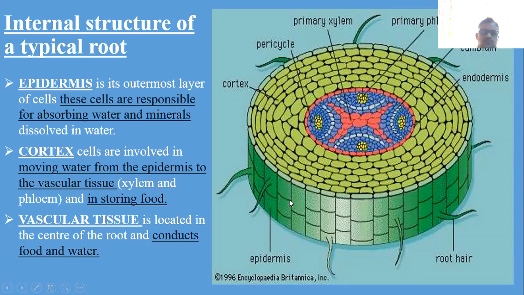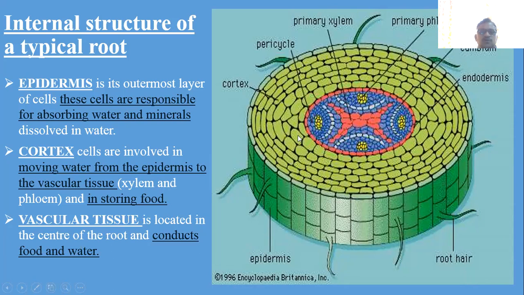Okay, so this is the structure of a typical root which we can observe in any type of root tissues. Here are the root hairs, and we have taken a section of the typical root, in which these are the standard cells or structures which can be seen in the majority of plants.